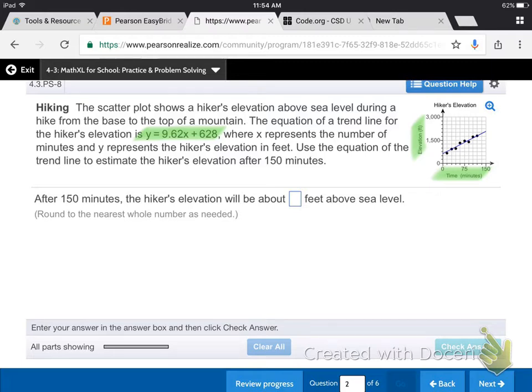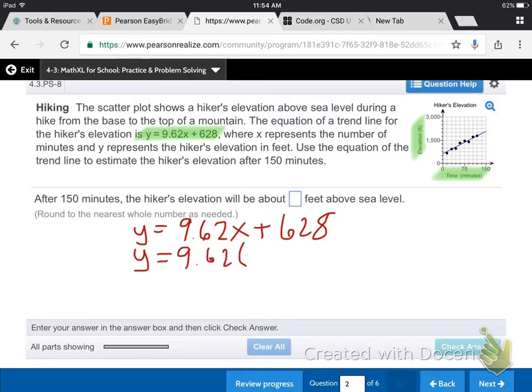So that means that we're going to take the equation, y equals 9.62x plus 628, and instead of x, we are going to put our value of 150. That's x.